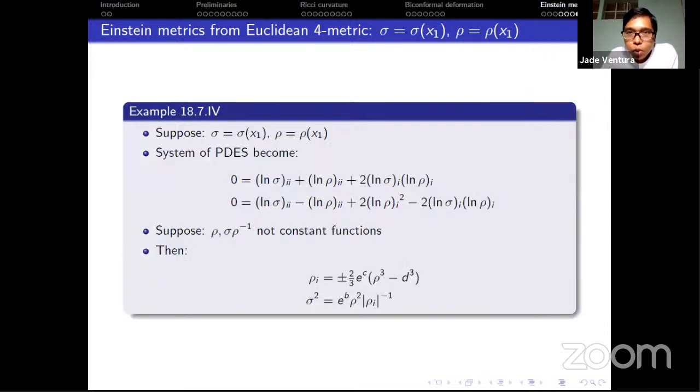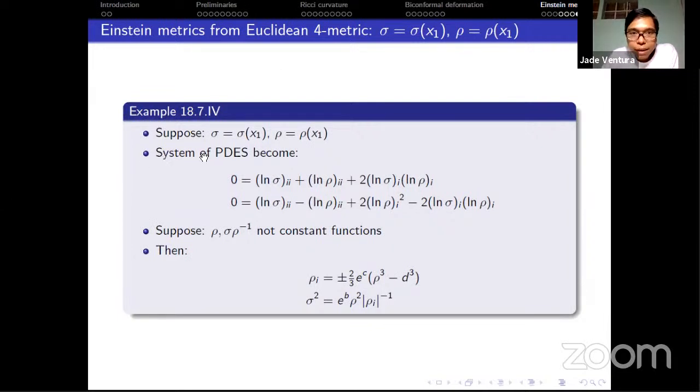So I'll just show you one example of an application. So suppose that sigma and rho are 1 parameter functions. In particular, suppose they are functions of just the first coordinate x1. So this is the example.